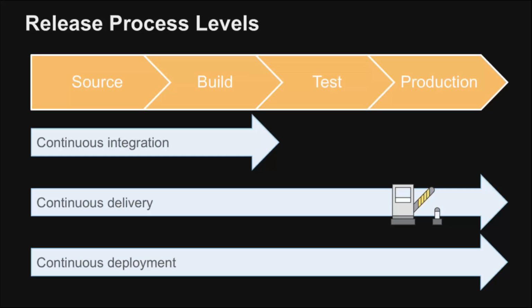And then there's a gatekeeper. That gatekeeper is usually a manager or maybe a software team lead, and they will basically have the authority to say, okay, this code has passed our tests, we're going to now release it into production. That's probably the most common release process out there.